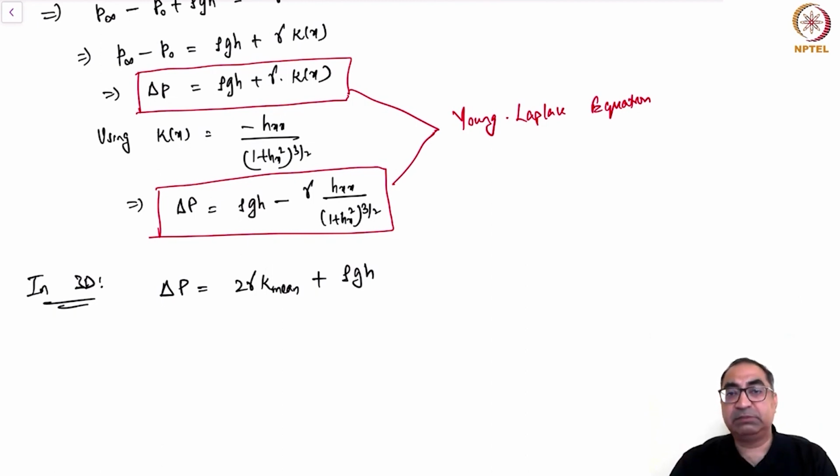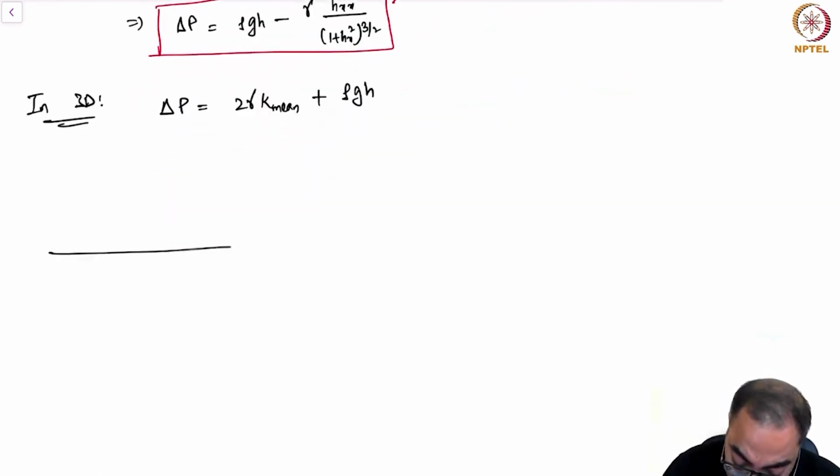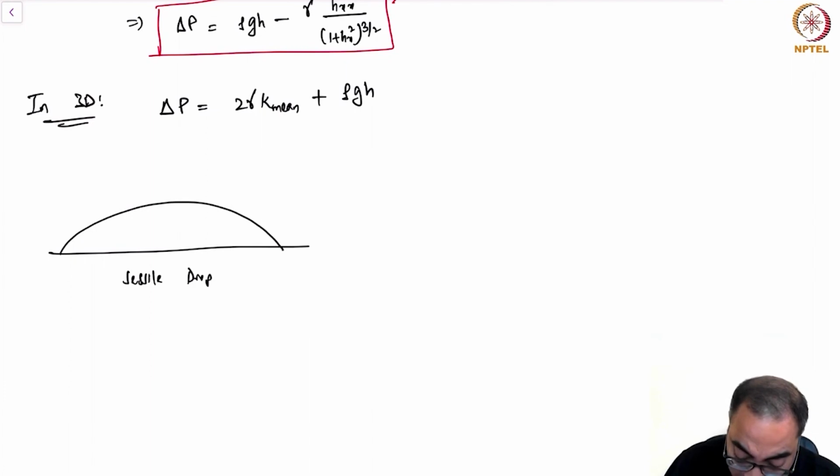This technique can be directly extended to the case of a pendant drop. For example, all I have to do is change the direction of the gravity. If I have a drop like this, it is referred to as a sessile drop, where gravity is downwards, and this is a drop sitting on a plate like this.